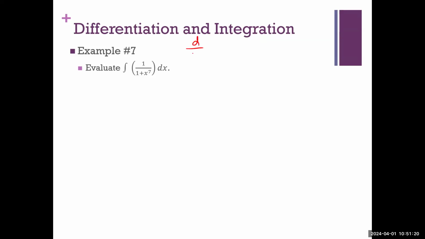So we just dealt with this. The derivative of arctangent, or inverse tangent, of x. So basically, if we know the derivative of arctangent of x is 1 over 1 plus x squared, right, could I adapt that to deal with this 1 over 1 plus x to the 7th?